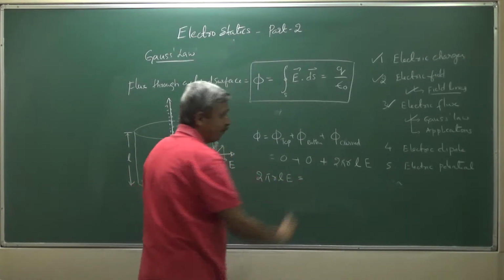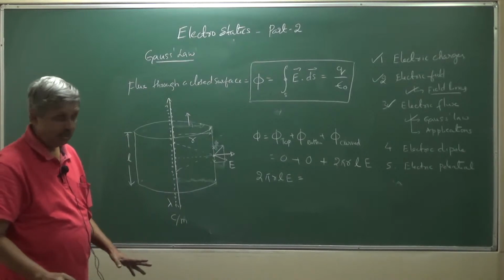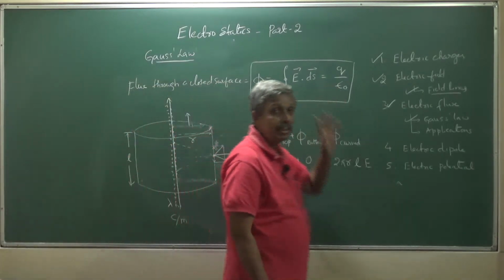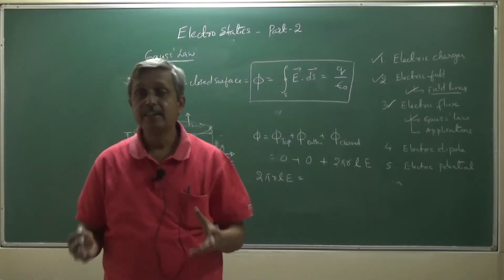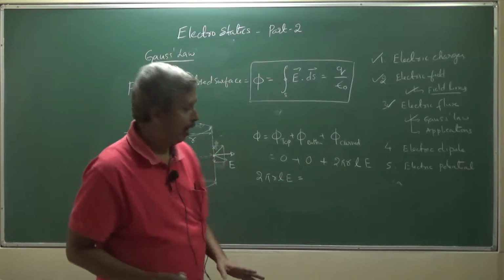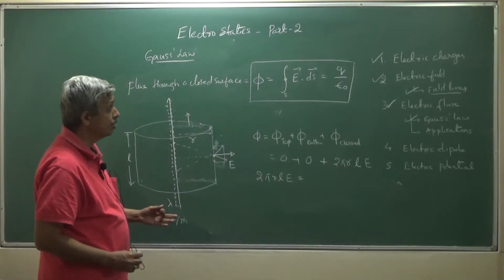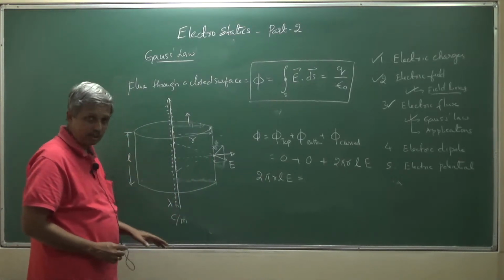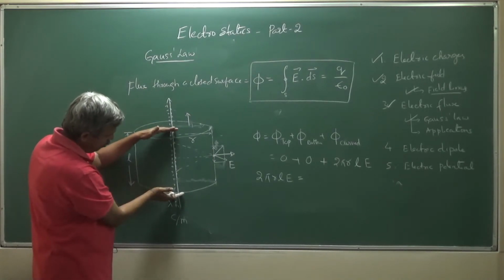So Gauss's law tells us that this total flux is equal to Q by epsilon naught, where Q is whatever is enclosed. So how much is Q? Q means the total charge enclosed. You see here, the charge enclosed is nothing but this internal wire from here to here.